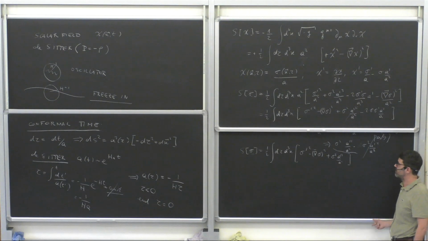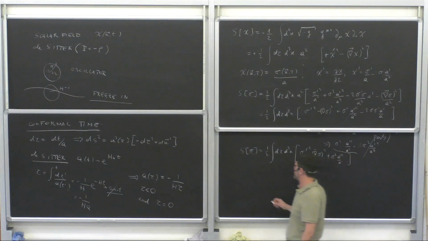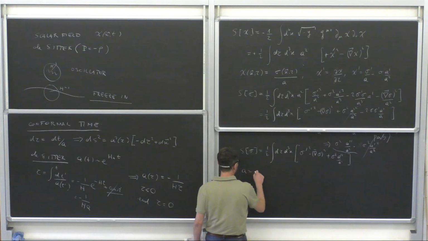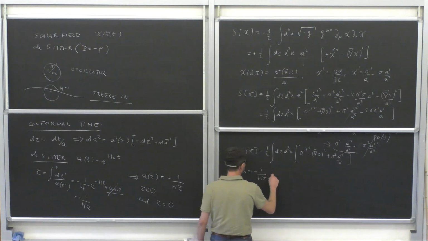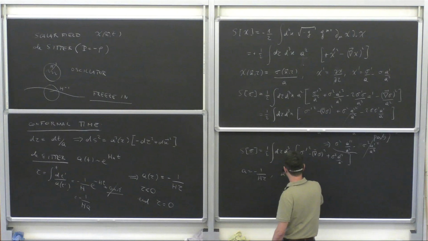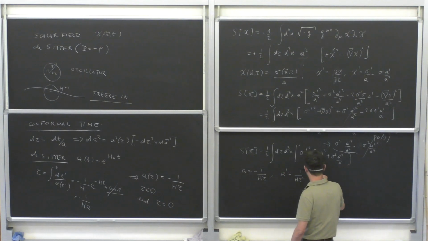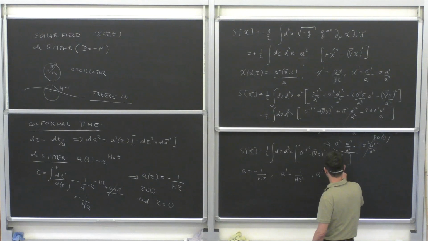Okay? And what is this frequency? If you say that a is minus 1 over H tau, a prime is equal to 1 over H tau square, a double prime is equal to minus 2 divided by H tau cube.